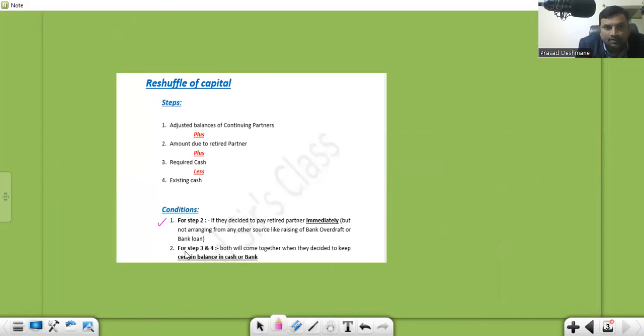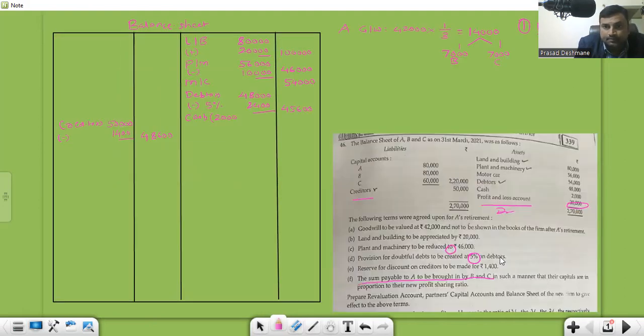Check. Step 3 and 4 both come together when they decided to keep a certain balance in cash or bank. Is there anything mentioned in the sum that they want to keep 10,000 or 20,000 in the bank balance? See, nothing is mentioned about that.